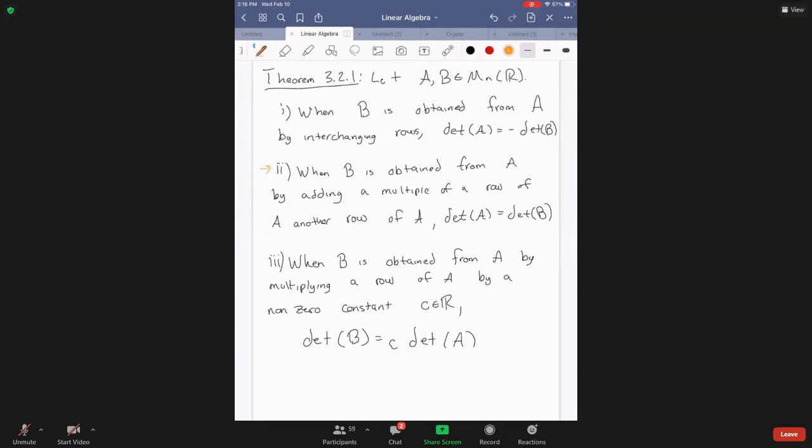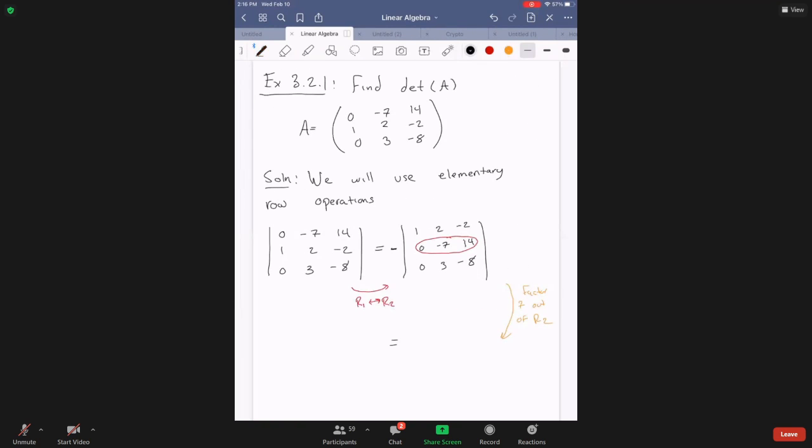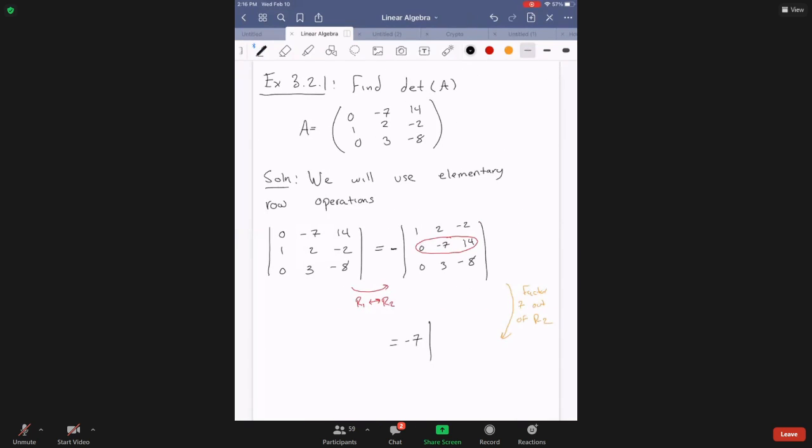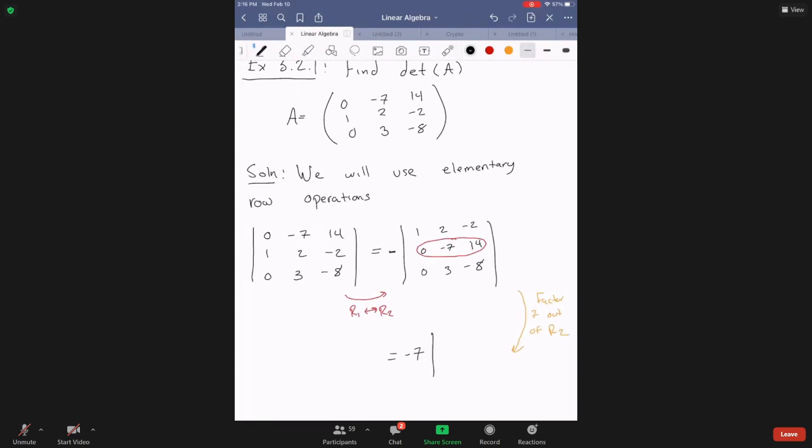So it's not explicit, but it's implicit, right? So you can get this new result. So now you just multiply the determinant by 7 via this result, okay? So then this becomes 1, 2, minus 2, 0, 1, minus 2, 0, 3, minus 8. Okay?